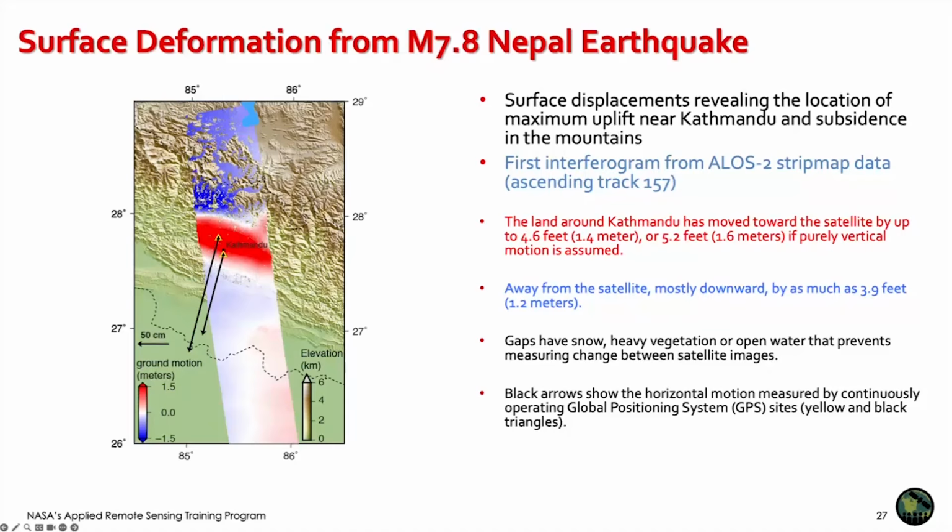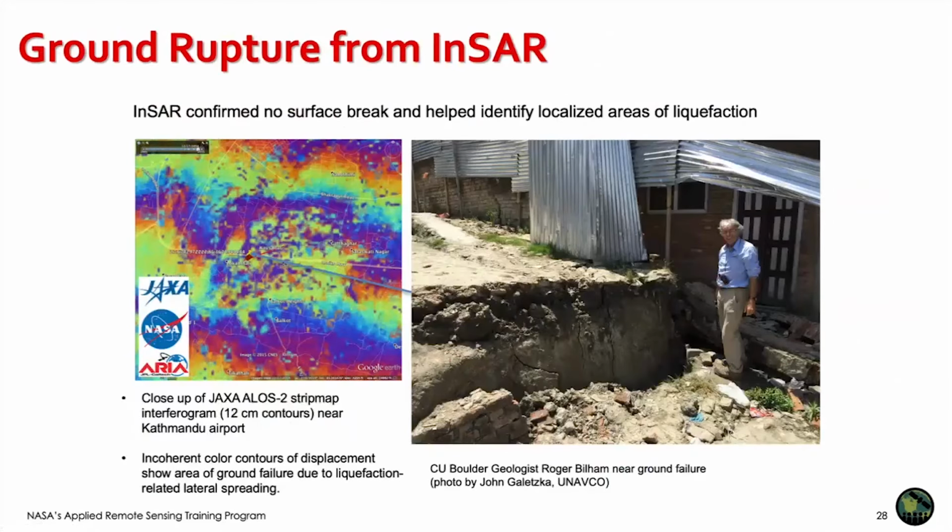Then subsequently, we used this early image to show an area of low coherence, or decorrelation, in the area around the airport of Kathmandu. The airport is this red line.